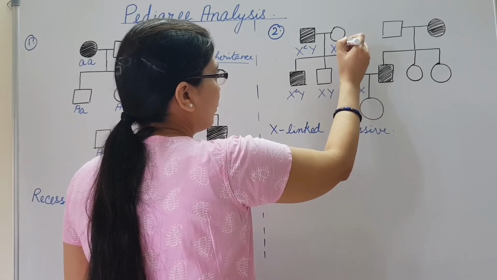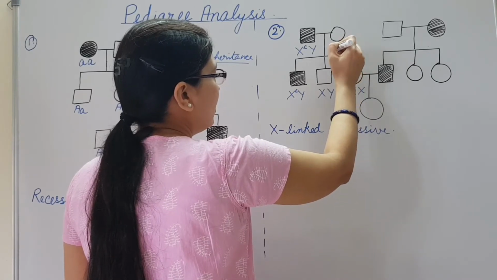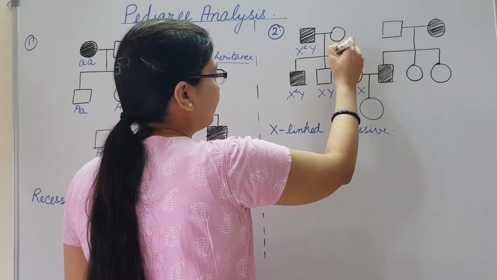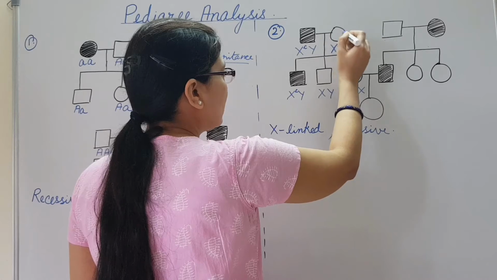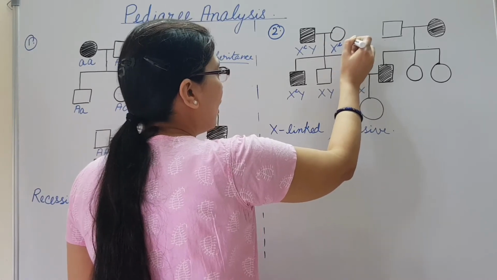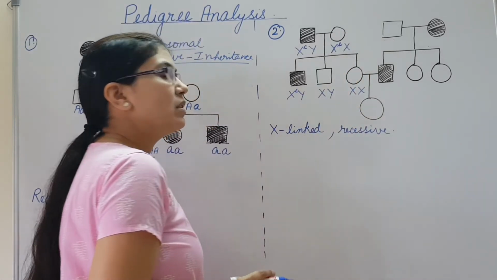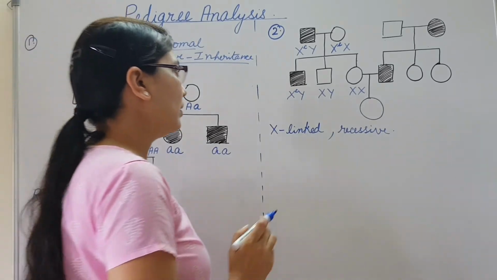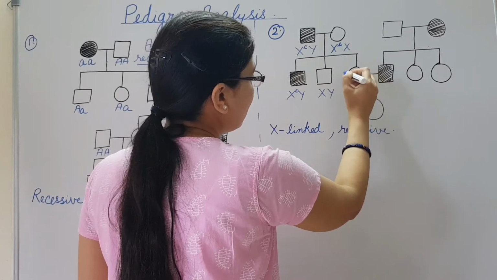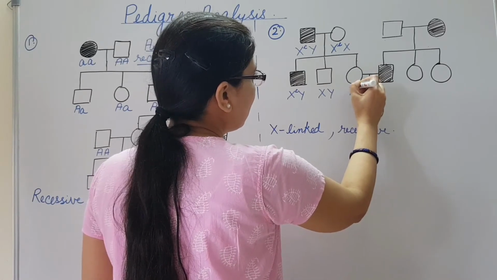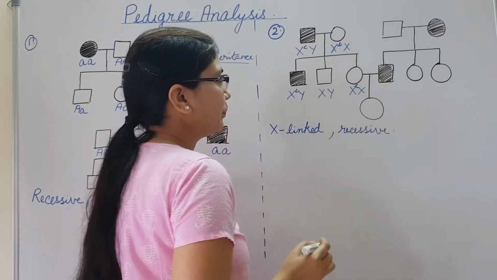So this X chromosome may carry one copy of the recessive allele. Since it is unaffected, then the other X chromosome does not carry the recessive allele. So this is affected, this is unaffected, and this is unaffected, but it will be carrier.